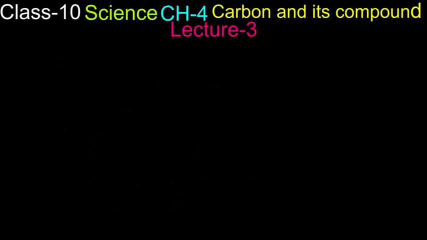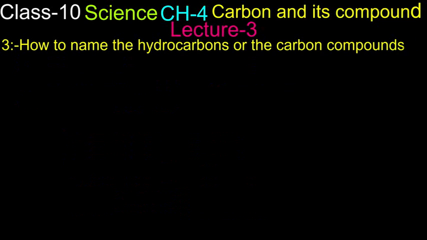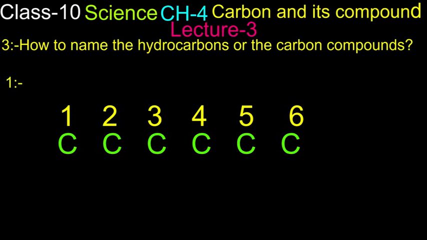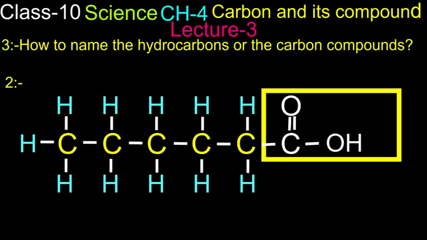After that, we learned how to name the hydrocarbons or the carbon compounds, means the nomenclature of the carbon compounds. The first step is what? We have to identify the number of carbon atoms in a compound. That is the first step. Second step, we have to look for, is there any functional group?